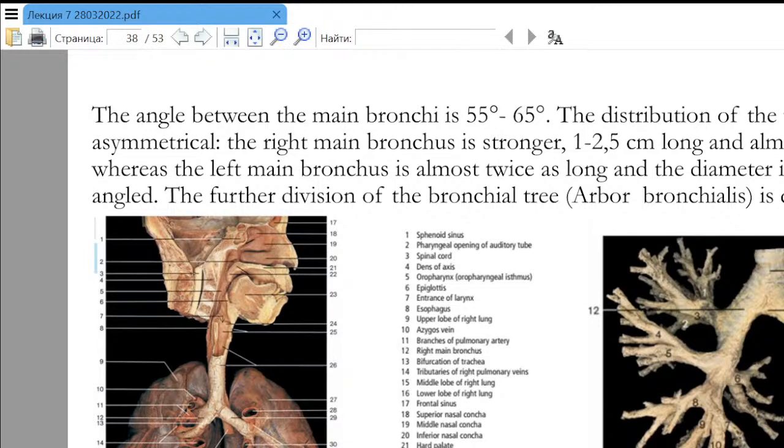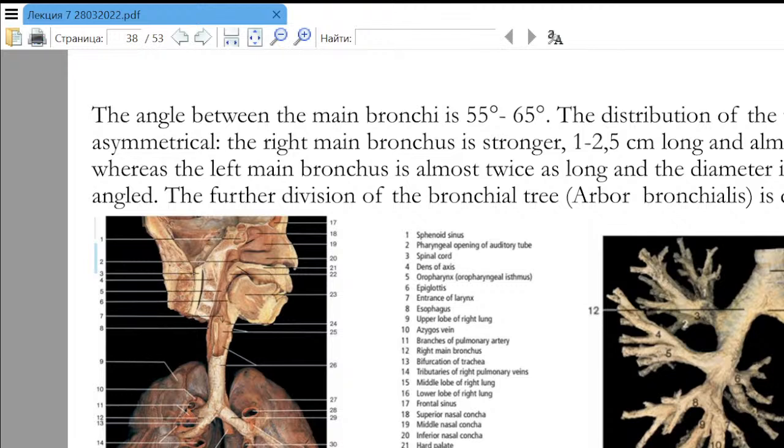The right main bronchus is stronger, 1 to 5 centimeters long and almost vertical, whereas the left main bronchus is almost twice as long. What you see: short, right. This is long, and the diameter is narrower and angled.